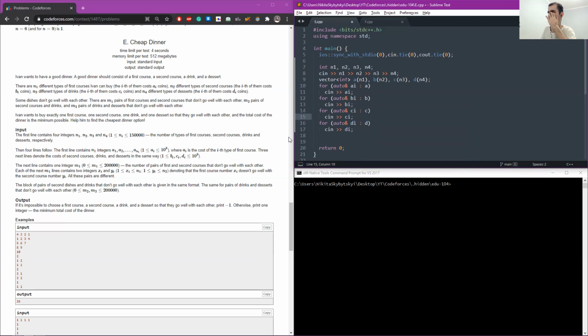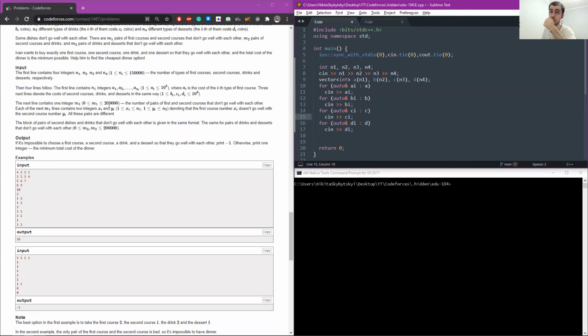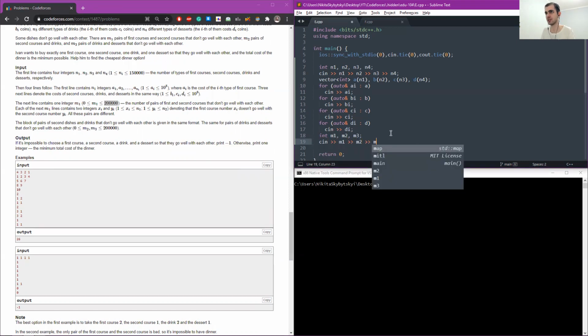Okay, so now it looks like we are reading input, half of the input actually. Yeah, there's a lot of input. The thing about this problem is not that you have to do something smart, you just have to deal with this stupid amount of input that they give you.